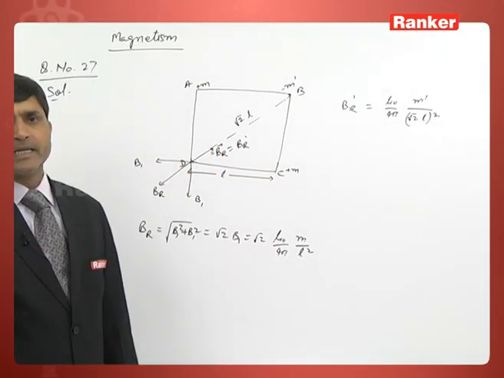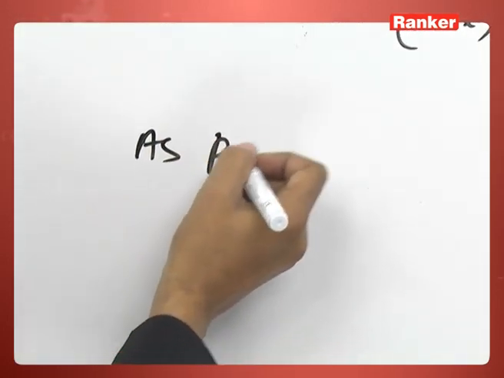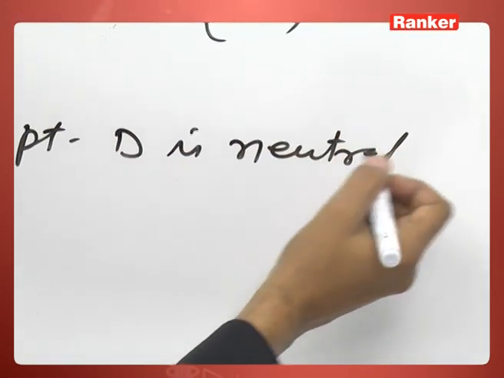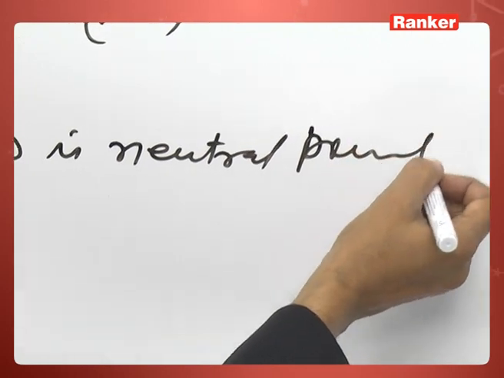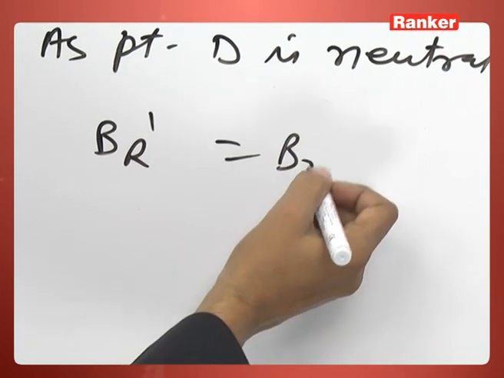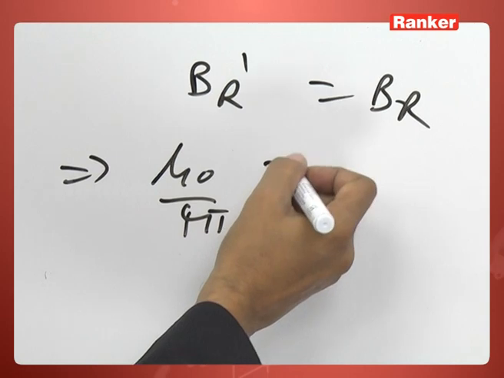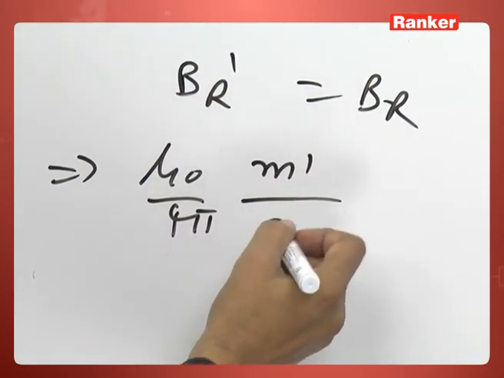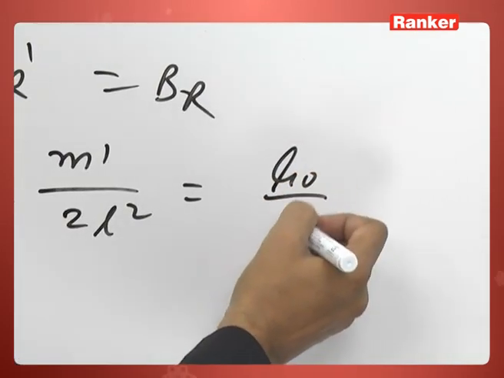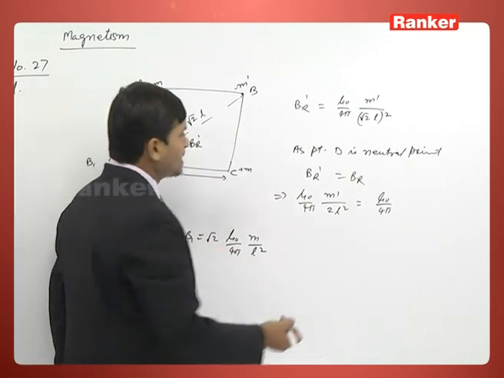And as point D is a neutral point, BR dash must be equal to BR. So mu naught by 4 pi M dash by 2L square must be equal to mu naught by 4 pi and BR is M by L square.